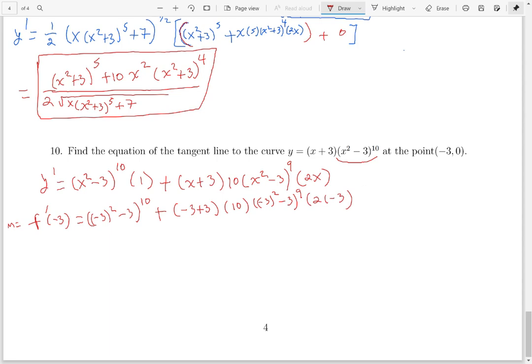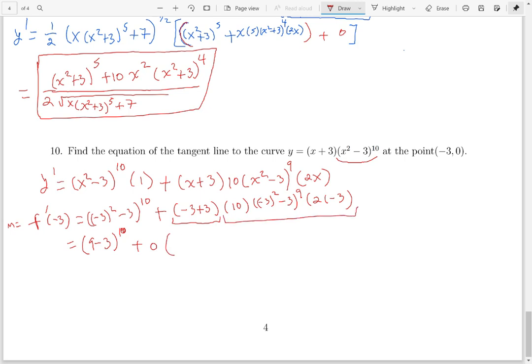Now I think this is going to come out pretty nicely pretty quickly, and I'll show you how. So first off, I've got negative 3 quantity squared. Well, that's positive 9. So this is positive 9 minus 3 raised to the 10th power. Now at this point, this is what I want to look at. I've got minus 3 plus 3. So this is plus 0 times a bunch of stuff.